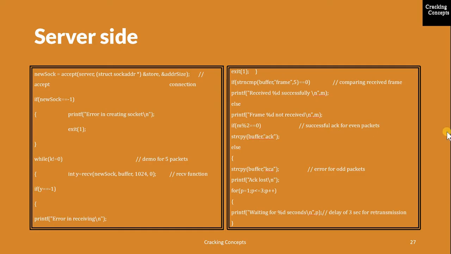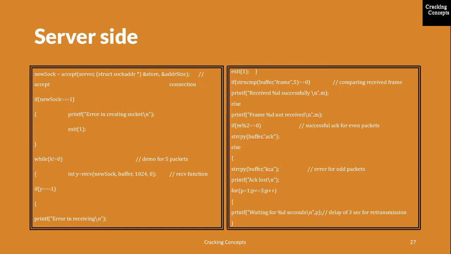That is, it will check if the received frame has a string called frame stored in it. If it is so, it will say that the packet has been successfully received, else it will say that there was some error in it. Also, I have set a case where out of these 5 packets, only those with sequence numbers which are even will have a successful transmission.